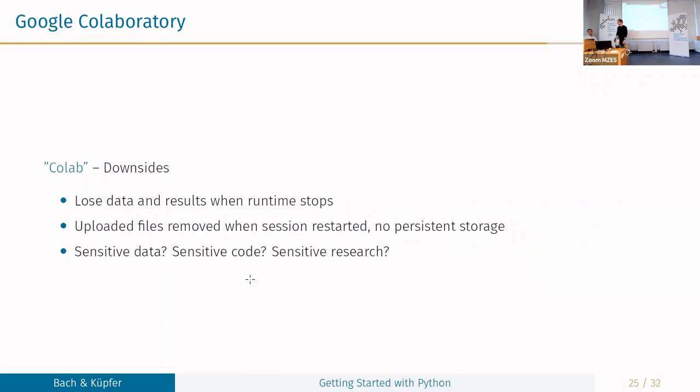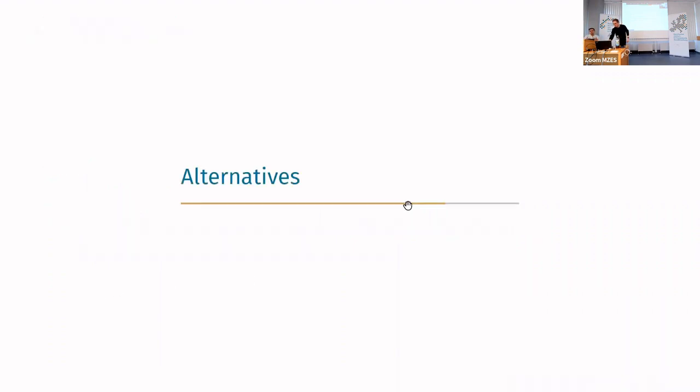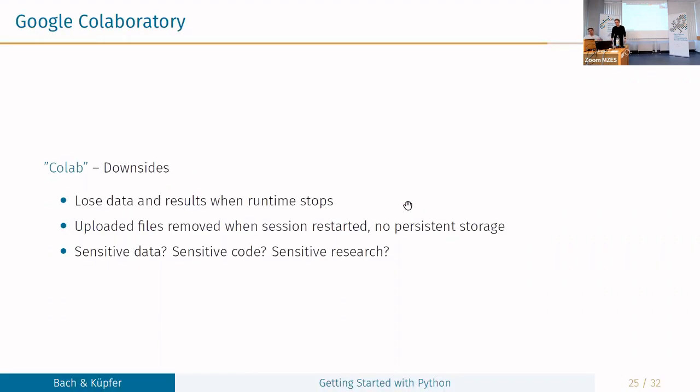Maybe as an alternative to Google Colab, when you need more resources and have sensitive data, sensitive code or research, you can also think about applying for access to BWHPC, which is a cluster provided by the state of Baden-Württemberg, and it also provides a JupyterLab environment, so basically Jupyter Notebooks, and you don't have to install Python locally.